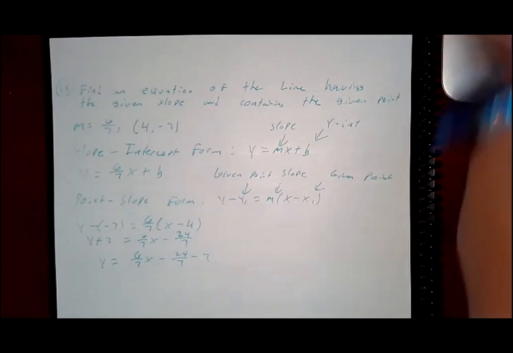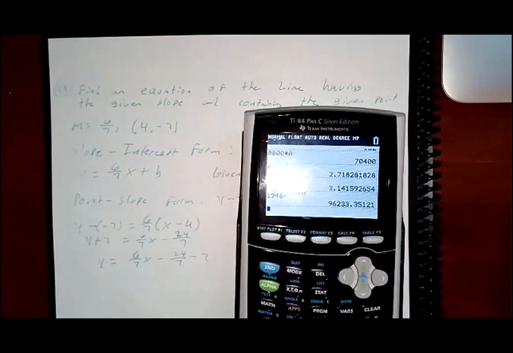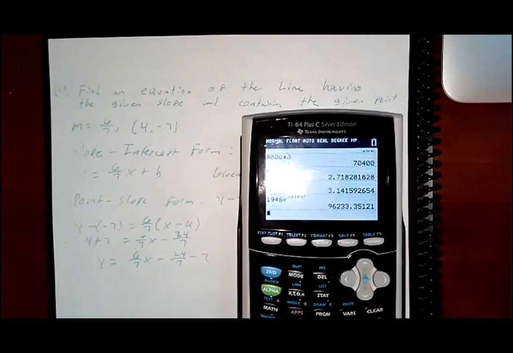Now, if you don't want to deal with a fraction, you could avoid it. If you have this calculator, something you could do is hit alpha y equals and call the fraction thing.